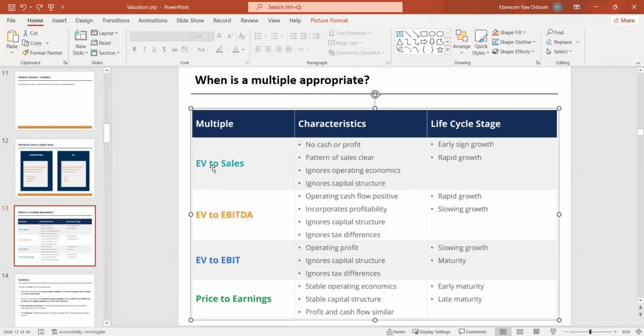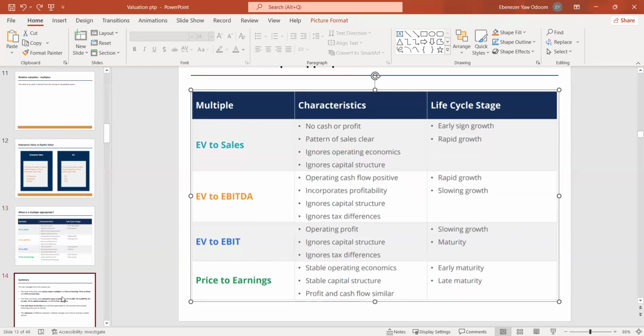So if you remember our enterprise value ratios, you realize that EV to sales, EV to EBITDA, and EV to EBIT are all enterprise value multiples. Price to earnings is actually an equity value multiple.